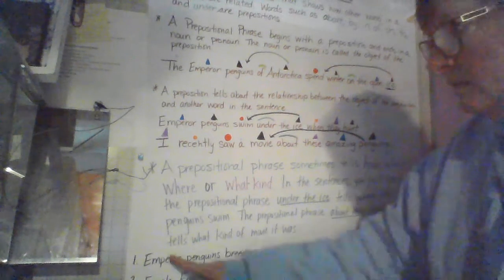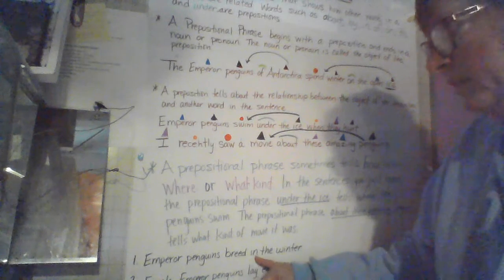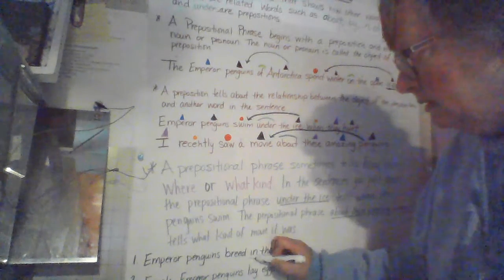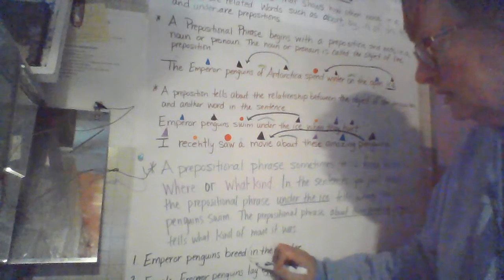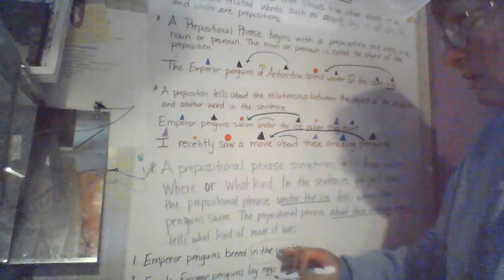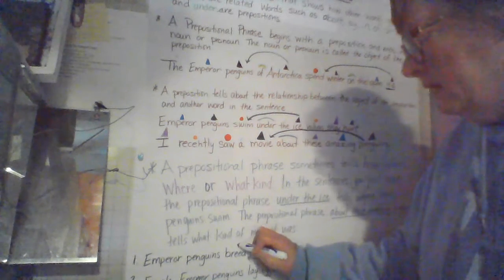Alright, so we have: emperor penguins breed in the winter. Well, we know the sentence is about penguins, and what they do is breed. Our preposition is in, and our whole phrase is in the winter. So in the winter talks about how they breed.